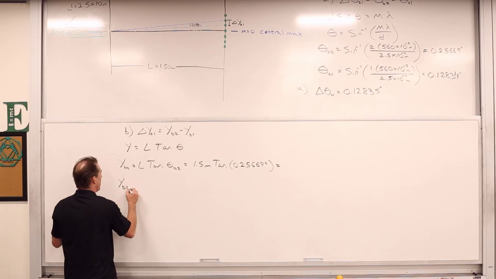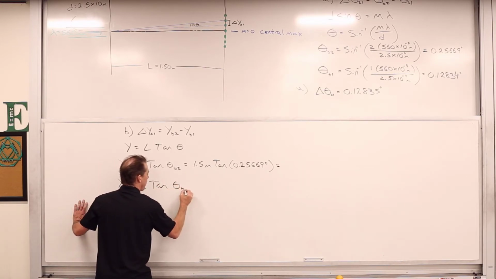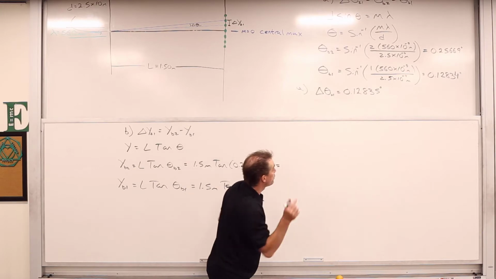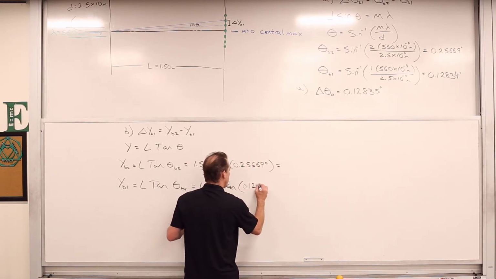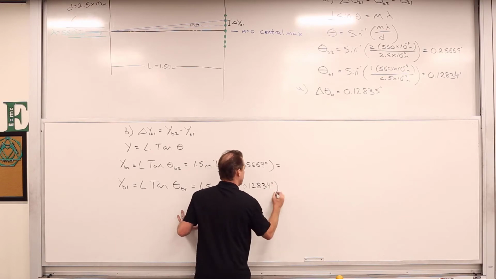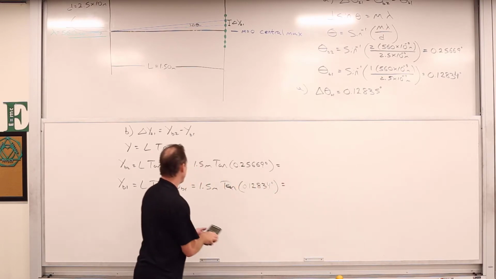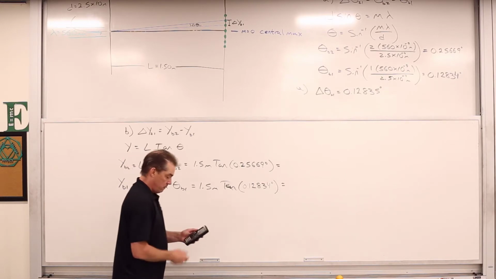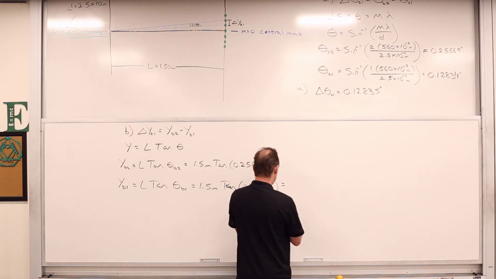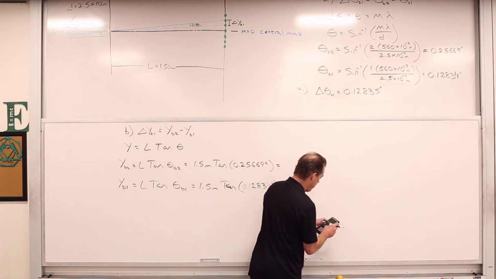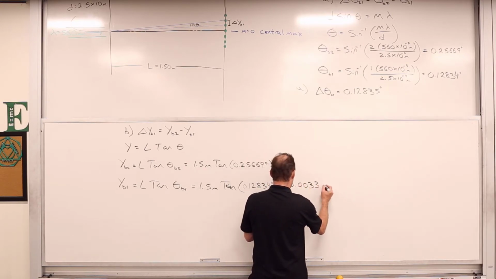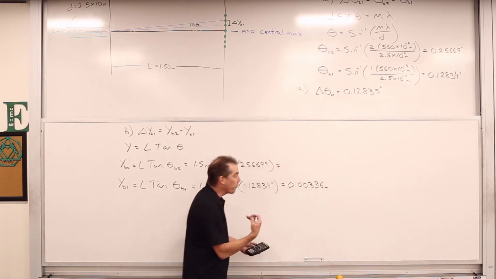And we got that yb1 is equal to L times the tangent of theta b1, which is 1.5 meters times the tangent of 0.12834 degrees. Let's just go ahead and do this. So I've got 1.5 times the tangent of this, which gives me 0.00336 meters, or 3.36 millimeters.